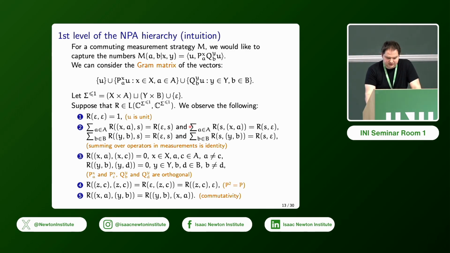This is basically expressed by these conditions. Then we know that the P's are mutually orthogonal and also the Q's. This is captured by the third condition. Then we know that the P's and likewise the Q's are projectors, so they have to square to themselves. This is captured by this condition, and the last conditions capture the commutativity of the measurement operators.